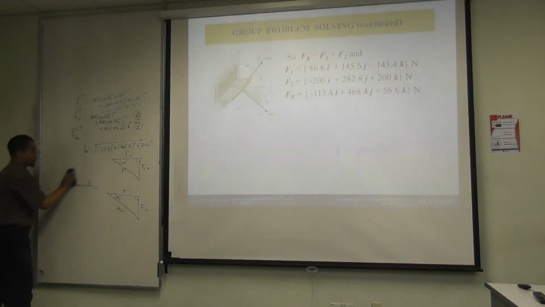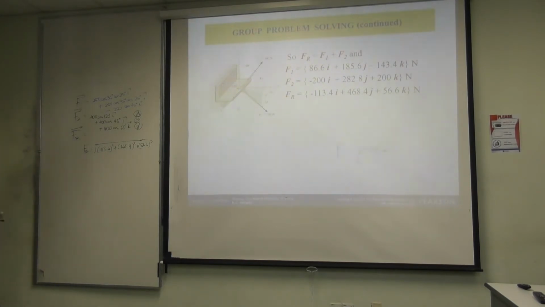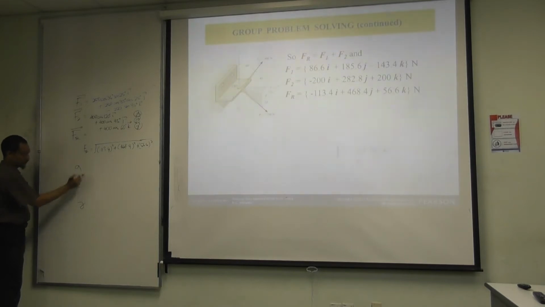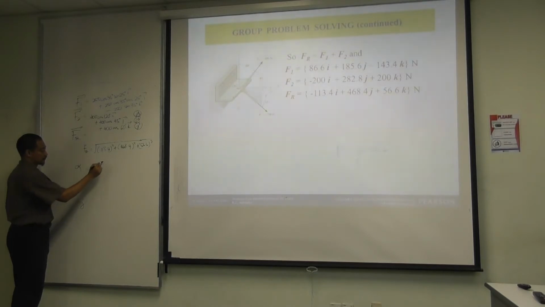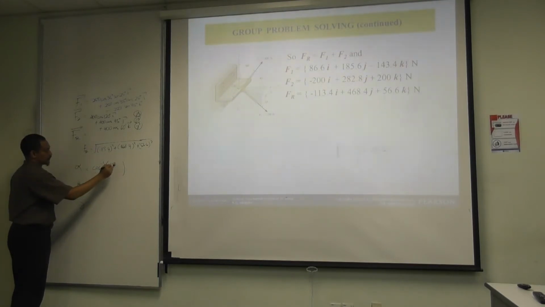What about alpha, beta, and gamma? The question asks for the magnitude and alpha, beta, and gamma. How do you get alpha? Cos? What do you put here? You get the x component, right? Minus 113.4 divided by the magnitude, which is the value here, right?